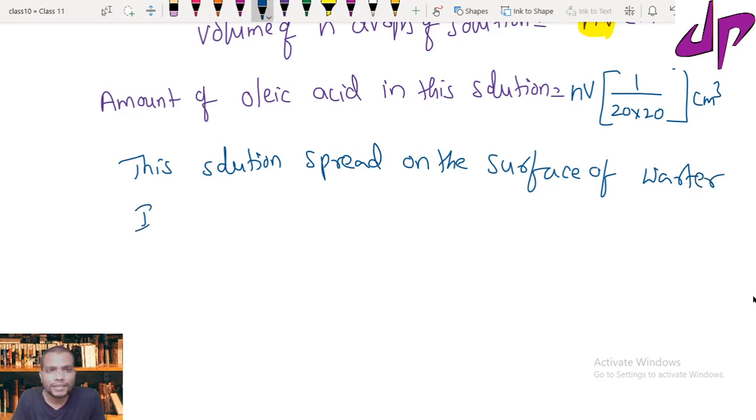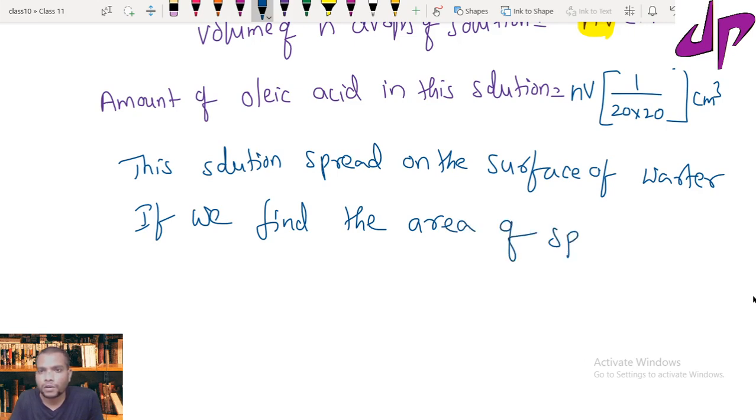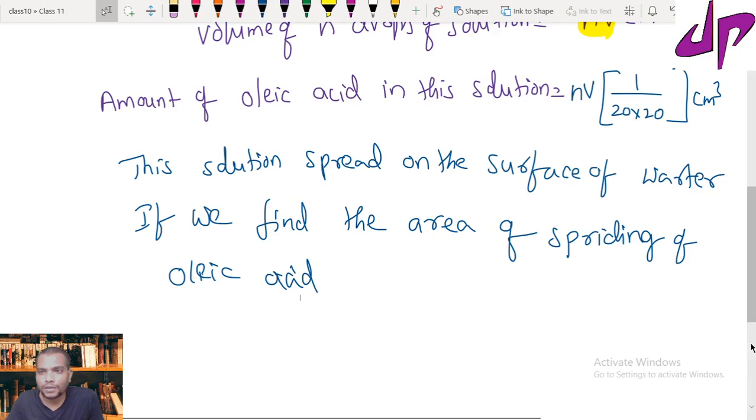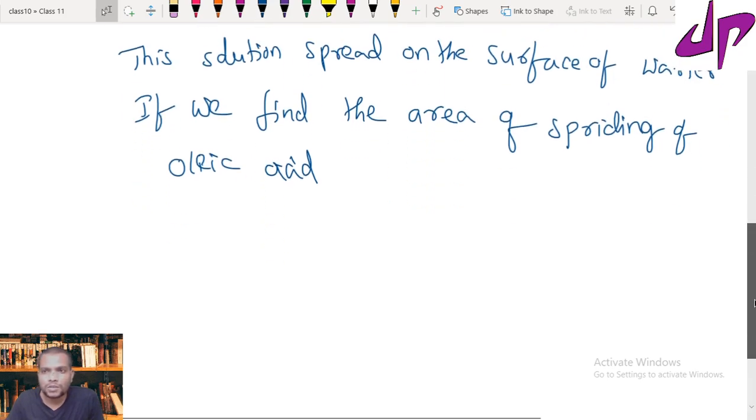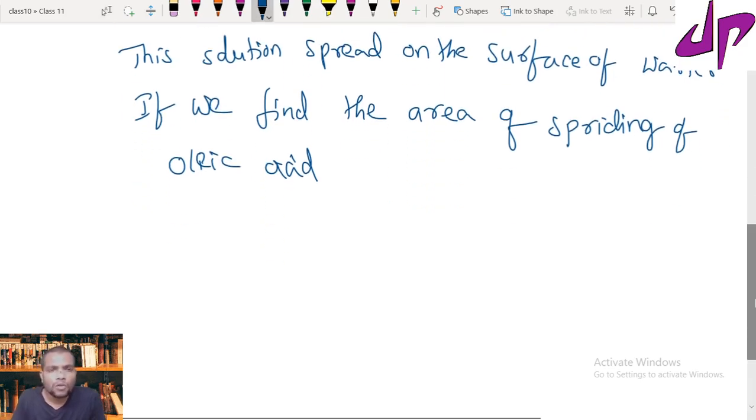Now if you find the area of spreading of oleic acid, we need to find the size, and size is also nothing but thickness.